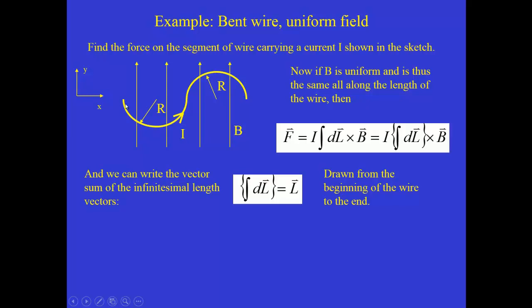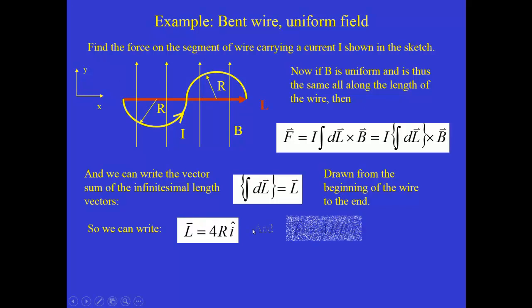Because the sum of all of these tiny vectors is just that straight line going from the beginning to the end of the wire. So that's shown here by the red arrow that we will call vector L. And that's easy to write down because we can see in this case, using our geometry, L is just 2r plus 2r, which is 4r in the x direction, or the i hat direction.